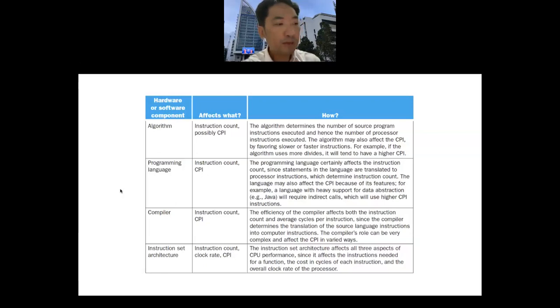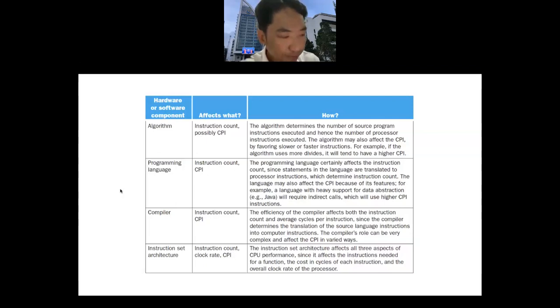When you study data structures, you know that algorithms are very important. And when you study programming languages, you may notice that some languages, for example the C programming language, are usually faster than Java.